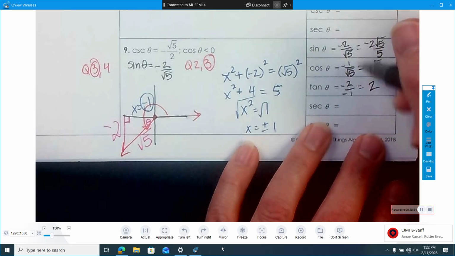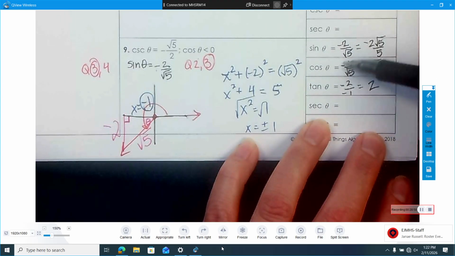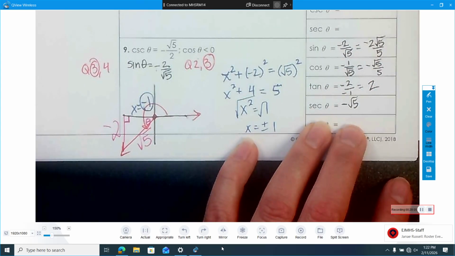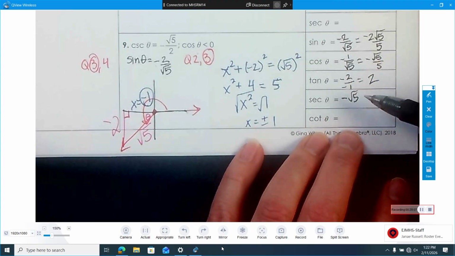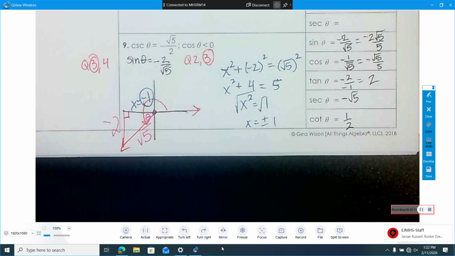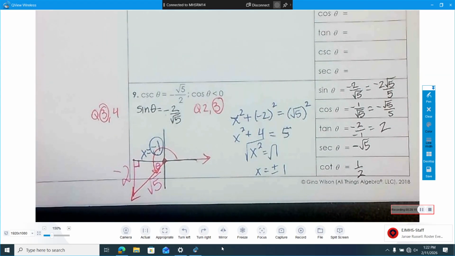Secant is the reciprocal of cosine. So I'm going to go back to this unrationalized one and flip that because that's easier. Negative root 5 over 1. And then cotangent is 1/2.